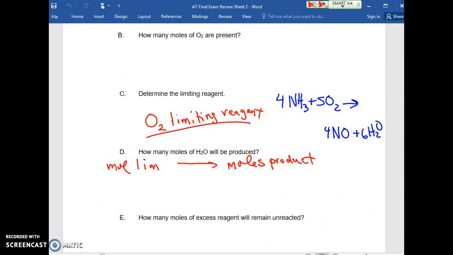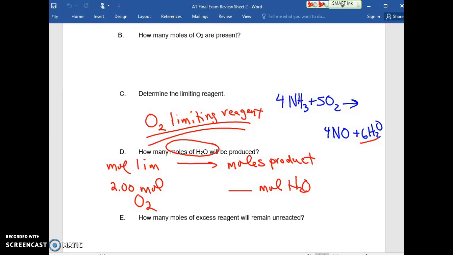Now, they have another question. Having found out the number of moles of limiting reagent, we now can figure out how many moles of H2O I made. I have to base that on the number of moles of limiting. We said that I had 2 moles of O2 as limiting, and I want to figure out how many moles of H2O I produced. Well, notice I took the time to rewrite the formula because I need to get the ratio.